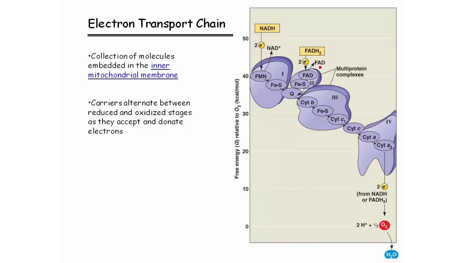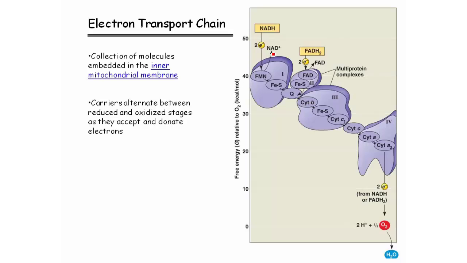So long as we continue to have these molecules, which we call carriers, alternate between a reduced and an oxidized state, as long as that takes place, then we will continue to have this electron transport chain flow, or we will continue to extract energy from our electrons. Notice that when the NADH passes its electrons in, it then turns into NAD+.